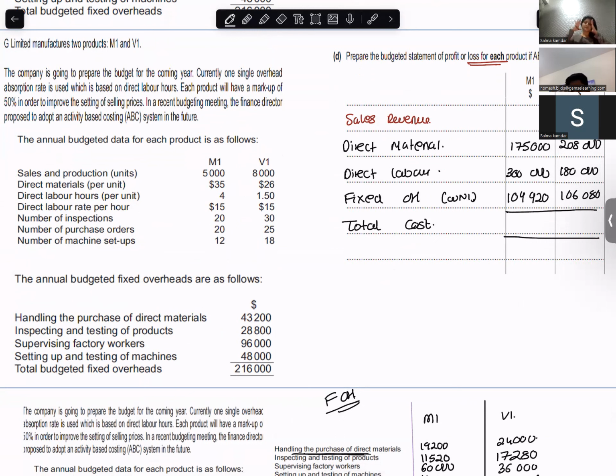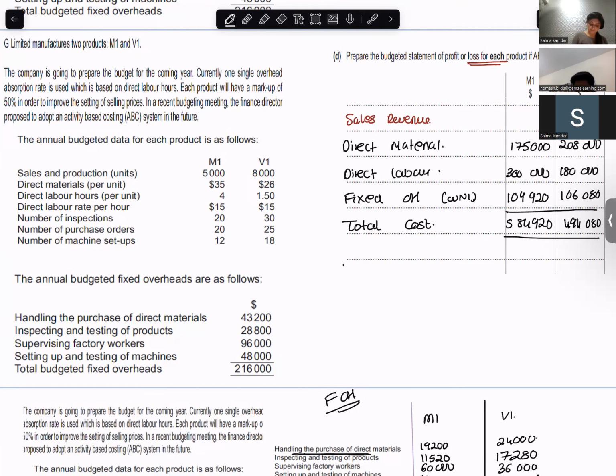What is your total cost? It becomes 175,000 plus 300,000 plus 109,920, which is 584,920 for M1.